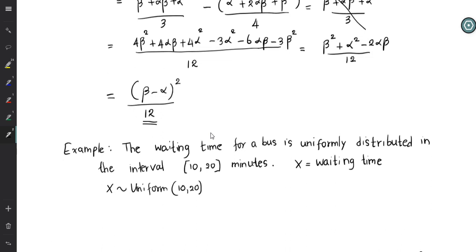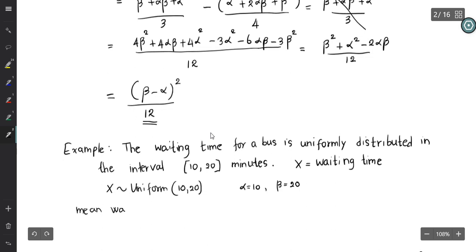When we have the continuous densities, we usually use the open brackets rather than the square brackets. Now, if x follows the uniform density with 10 and 20, you can see that our alpha is 10 and beta is 20. And if you want, you can interpret this graphically also. Now, what is the mean waiting time?